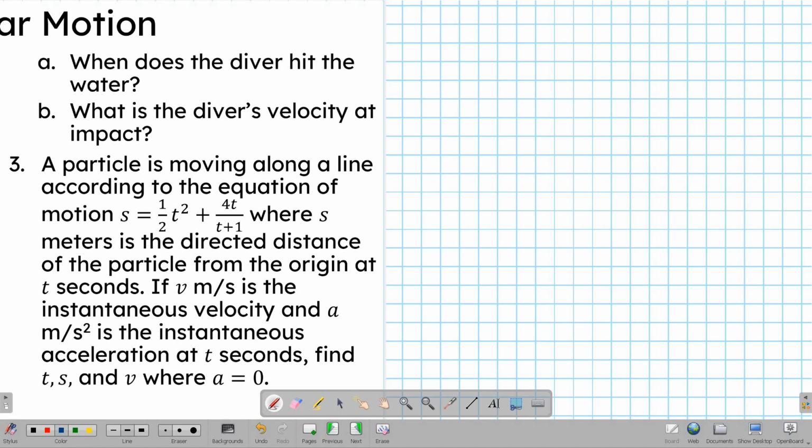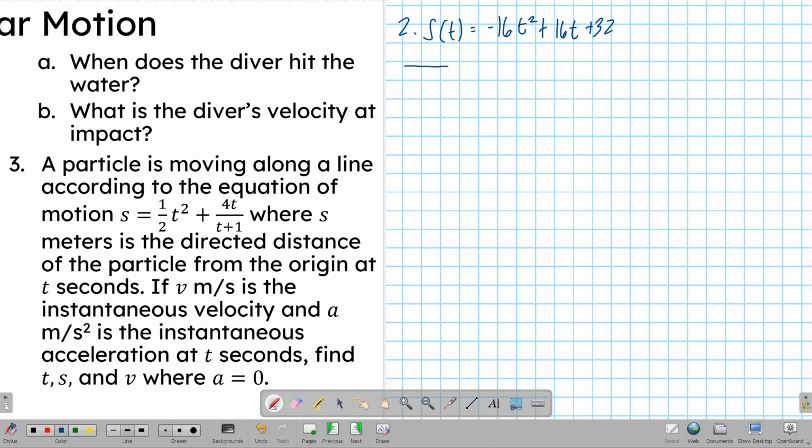So for number 2, we again have our position function, s of t equals negative 16t squared plus 16t plus 32. We are asked when the diver hits the water.